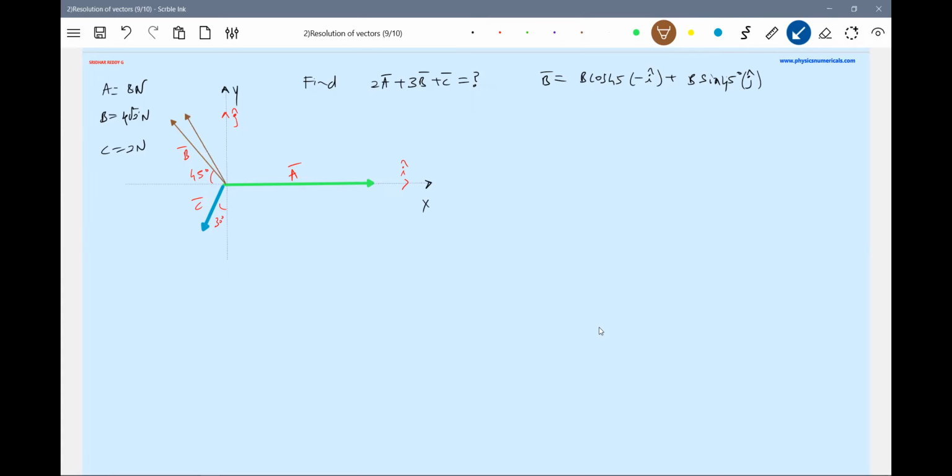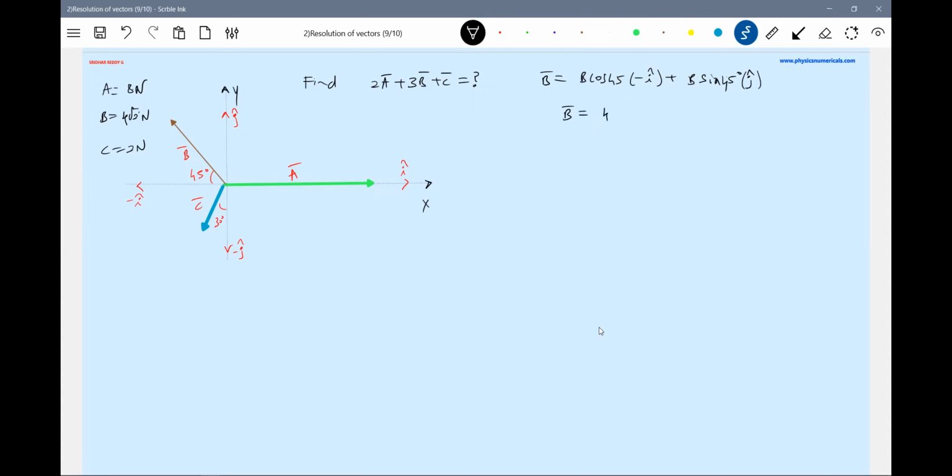A component of the vector along positive y-axis, so therefore this will be B sin 45 J cap. So this will be minus I cap, this will be plus J cap. Unit vectors. So we'll substitute the value. So this will become B bar.